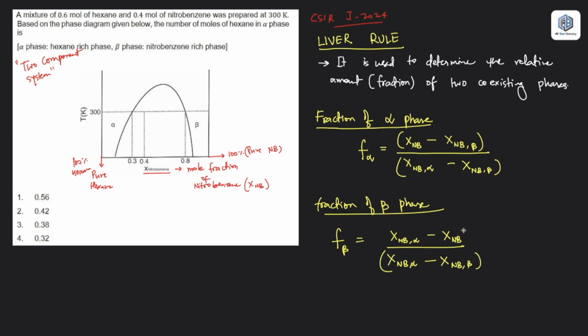So remember, for the alpha phase you subtract the beta phase value from the total, and the denominator remains the same. You have to remember this formula.